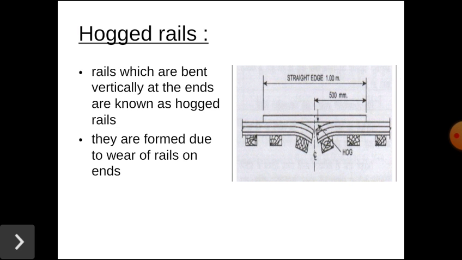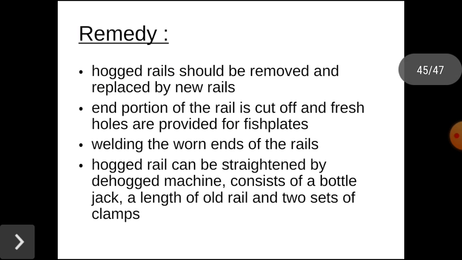So this is another type of defect, that is hogged rails. As shown in the figure, the rails which are bent vertically at the ends are known as hogged rails. They are formed due to wear of rail on ends. The remedial action for the hogged rail: it should be removed and replaced by new rails.